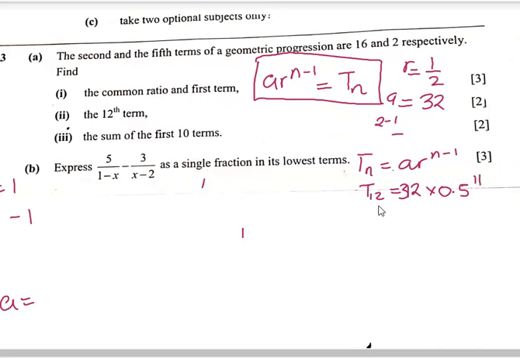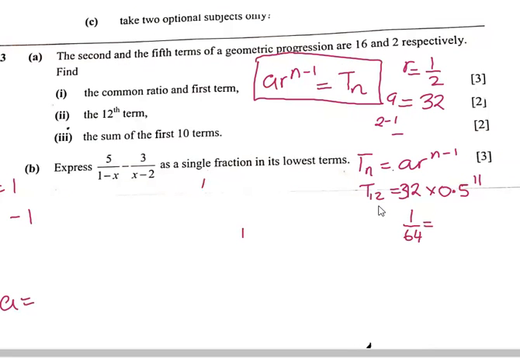Where is the 11 coming from? 12 minus 1. 0.5 is just the same as 1 over 2. So let's work that one out. We are going to say 32 multiplied by 0.5 to the power 11. Okay? So if you're going to write it as a fraction, it will be 1 over 64.